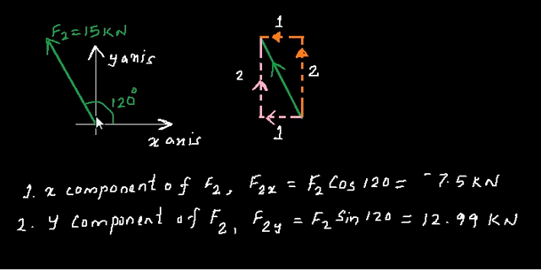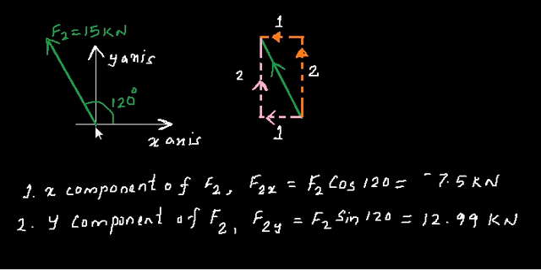So just find the cos of the angle, that is 120, multiply that with the force, you will get the horizontal component or the x component, that is F2 cos 120, that is minus 7.5 kilonewton. And because this is a minus sign, there is a negative sign, which implies the force is acting along the negative x direction, or that is from the origin the force is acting towards this direction.